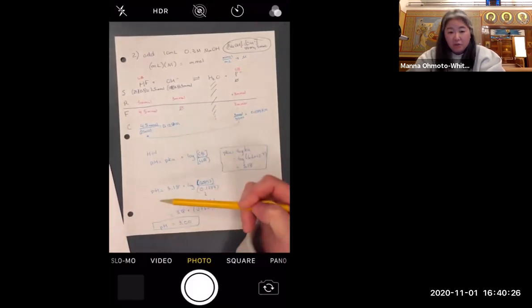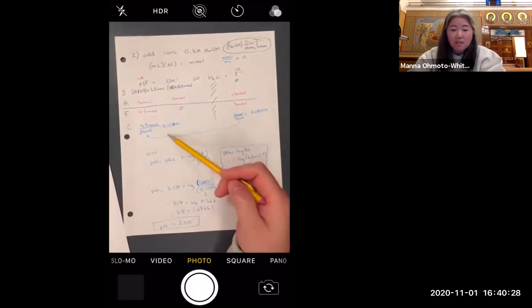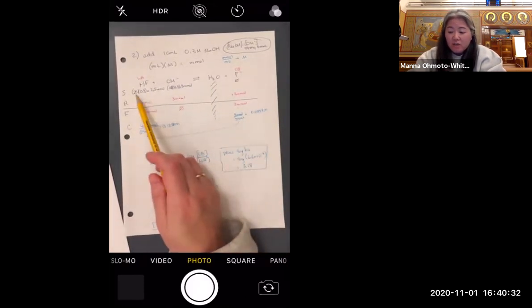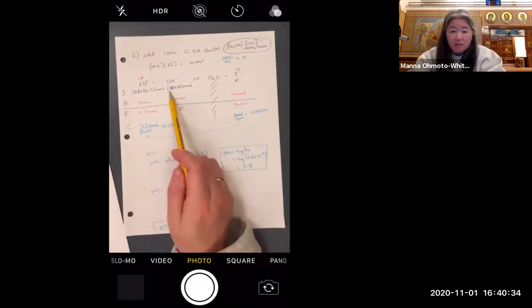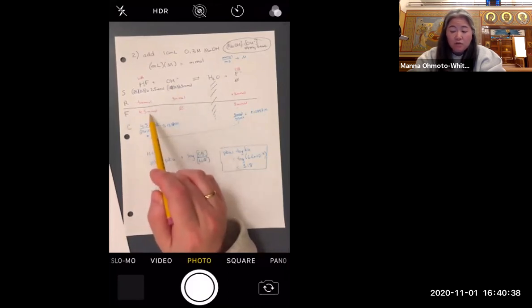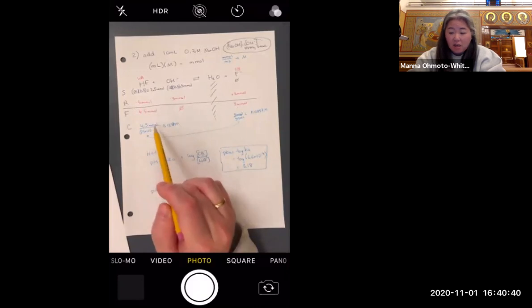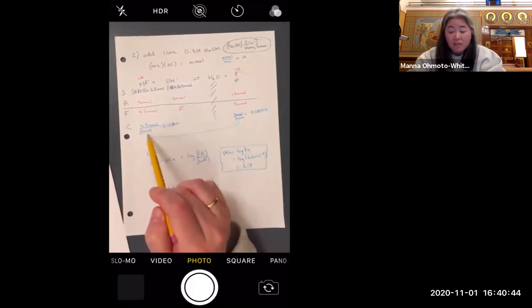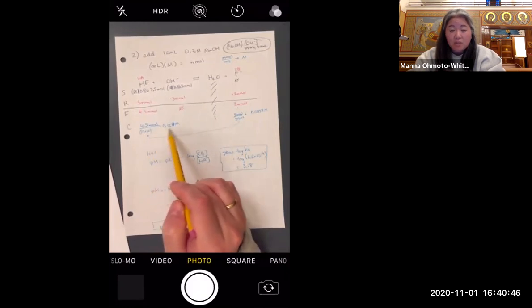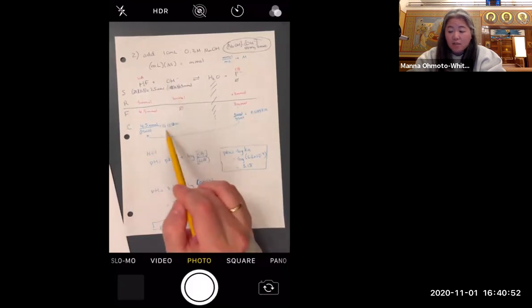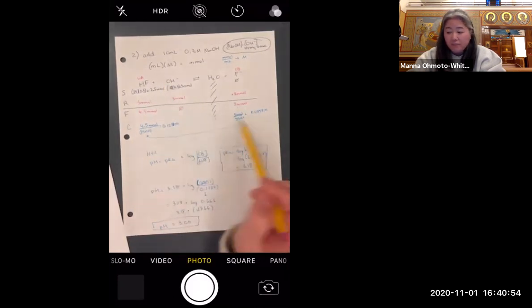Then I have to convert to concentration because that's what my Henderson-Hasselbalch uses. So I added 25 milliliters and 10 milliliters. So these 4.5 millimoles of hydrofluoric acid are now over a total of 35 milliliters, or 25 plus 10, which gives me a molarity of 0.1287 molar. So it went down from 0.3 to 0.1287.